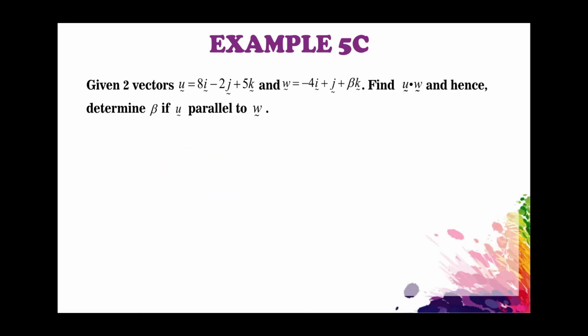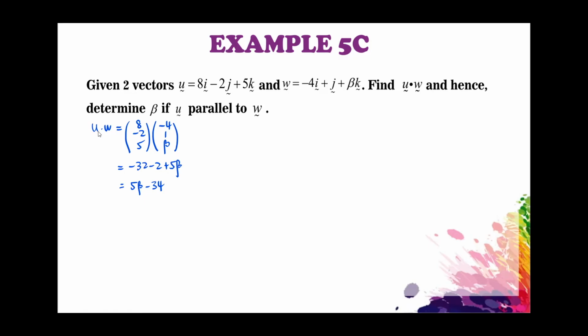Okay, example 5c. Given two vectors U and W, find the dot product of U and W. So U dot W, by the column matrix form, we have 8, negative 2, 5, dot with negative 4, 1, beta. So we're going to have negative 32 minus 2 plus 5 beta. So we are going to have 5 beta minus 34. Okay.